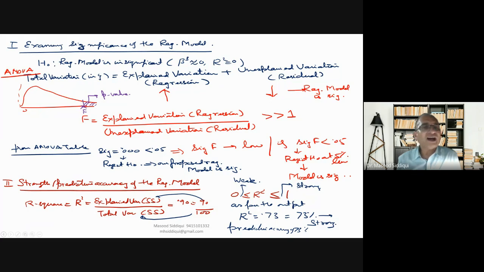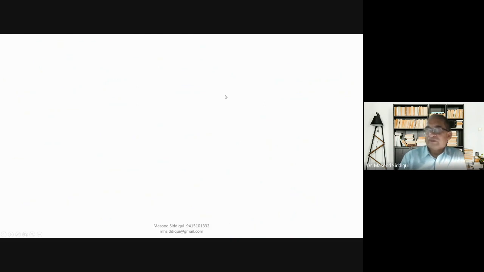Now, actually, R square has some weaknesses. This R square depends upon, number one, size of the sample, that is n.